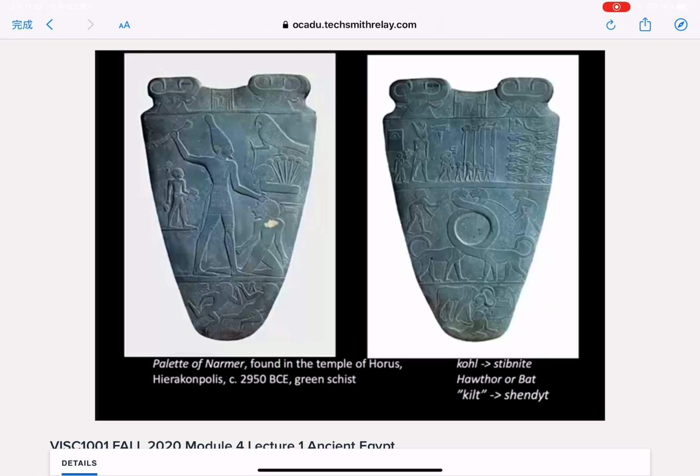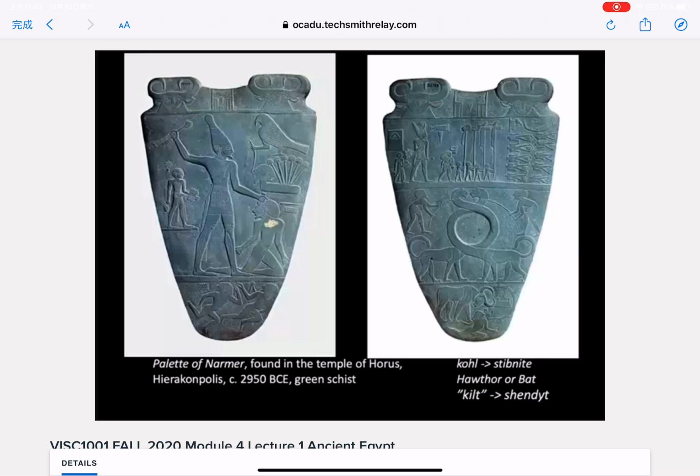The reason that there is a hypothesis about this is that the date 2950 not only marks the political unification of Upper and Lower Egypt under Menes/Narmer, but it's also essentially the beginning of written history of ancient Egypt.